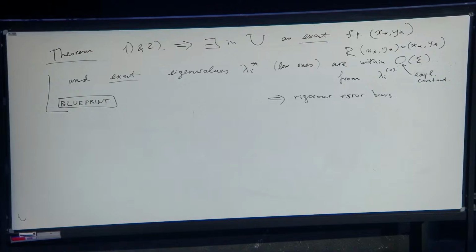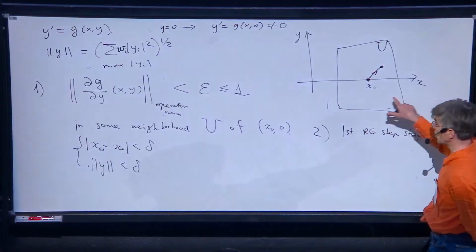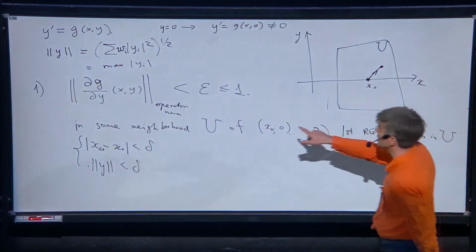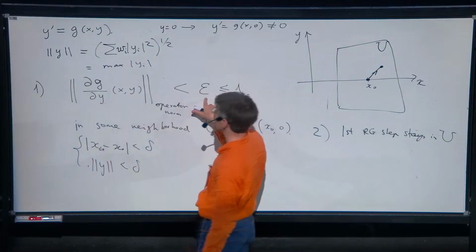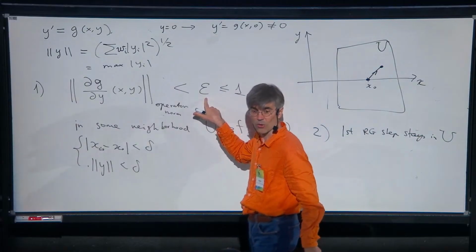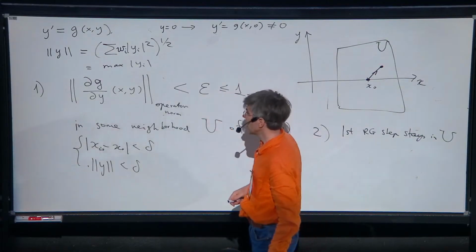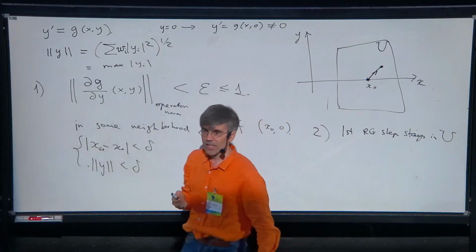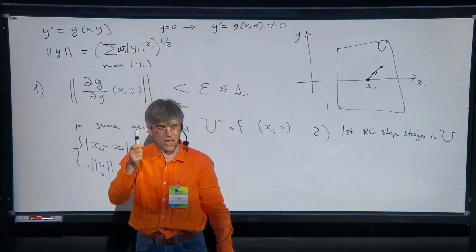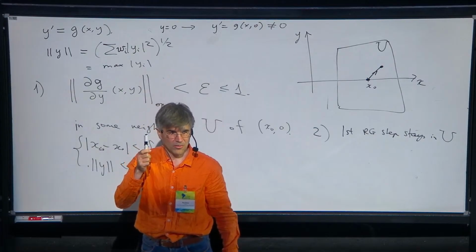Well, all the relevant directions are around x. But we don't know that, right? We know this because this condition that the gradient in the y direction is a contraction means that there are no relevant directions along y. Can you explain that, please? Well, relevant direction means that there is an eigenvector which has an eigenvalue larger than 1. Okay.